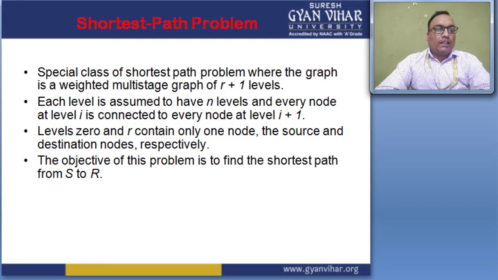Levels 0 and r contain only one node each, the source and destination nodes respectively. The objective of this problem is to find the shortest path from S to R, where S is the source and R is the destination.